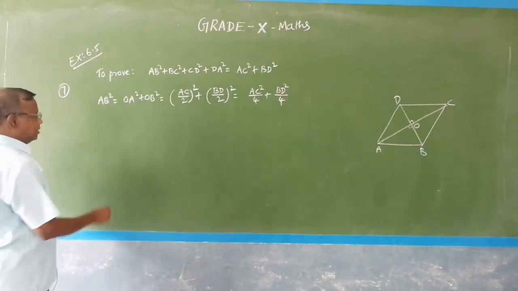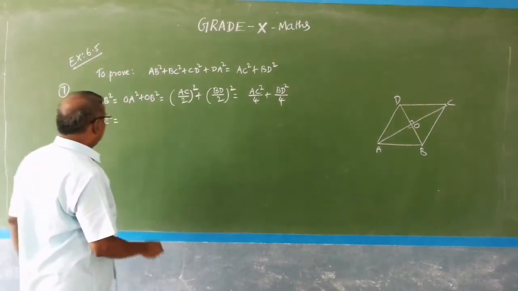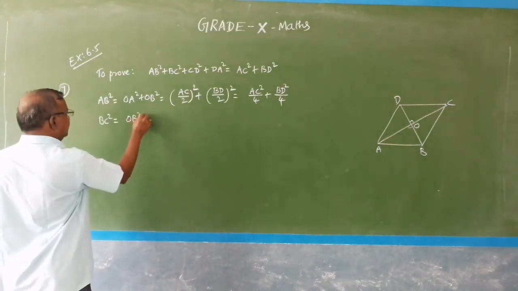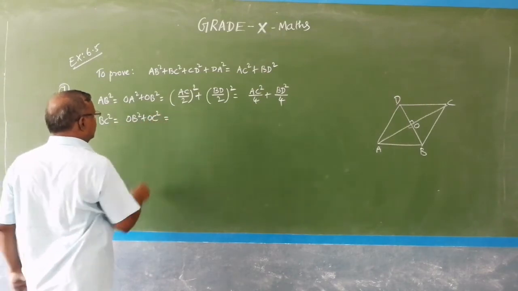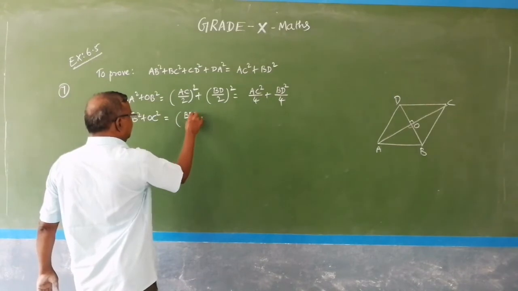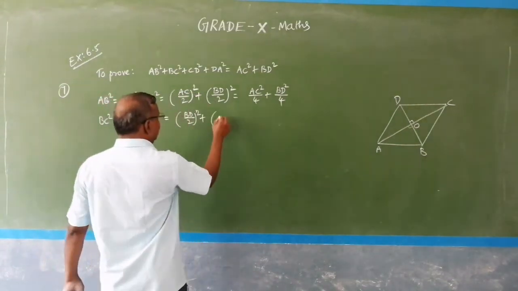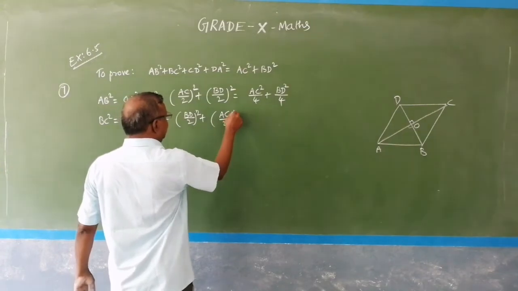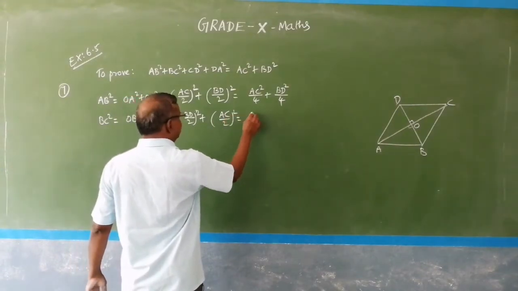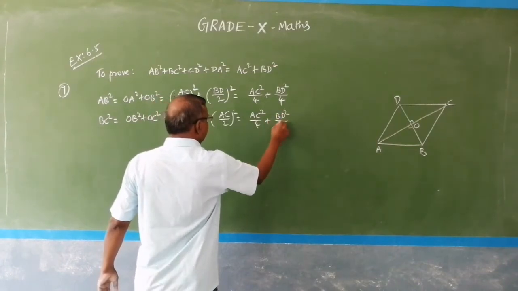Similarly, BC square equals OB square plus OC square. OB is half of BD, so BD by 2 the whole square, plus OC is half of AC, so AC by 2 the whole square. So, again it is AC square by 4 plus BD square by 4.